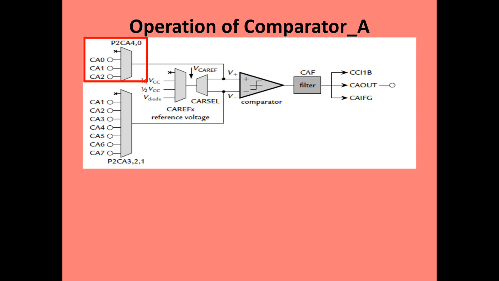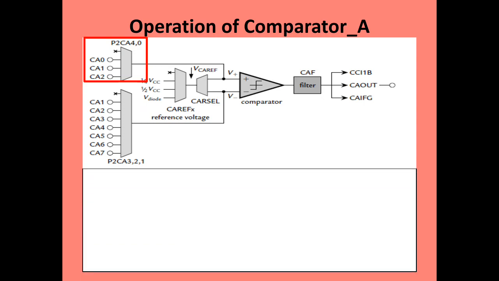See here, the selected rectangular area shows the 4:1 mux. For this, we are using the select lines P2CA 4th bit and 0th bit. We are using them for selecting one of the inputs to the output of this box.